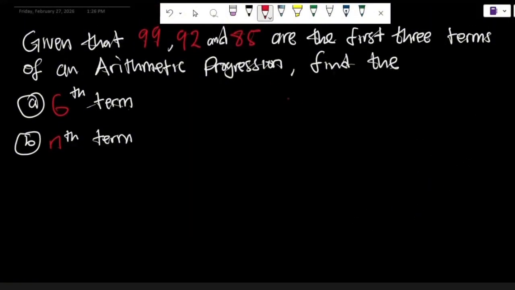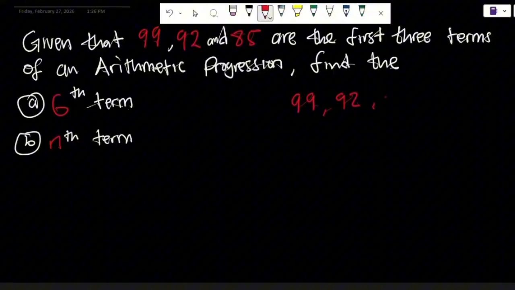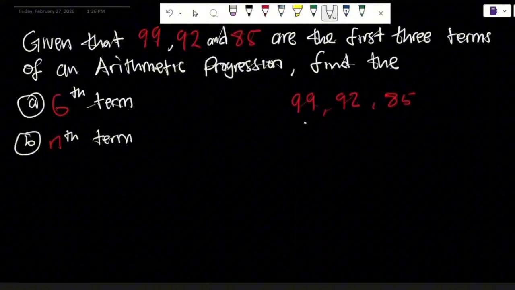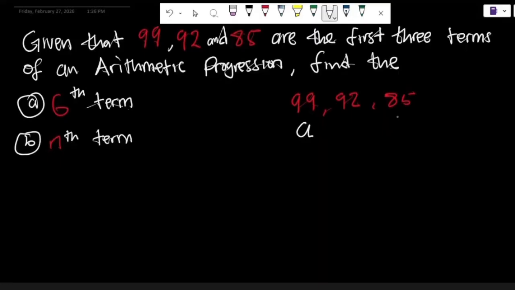Notice that we have the first three terms here, 99, 92, and 85. So this is the first term, this is the second term, this is the third term. So how do we find the sixth term? We need to use the same formula, which is Tn equals a plus (n minus 1)d.